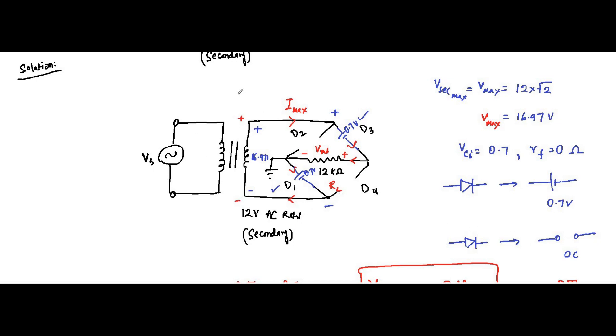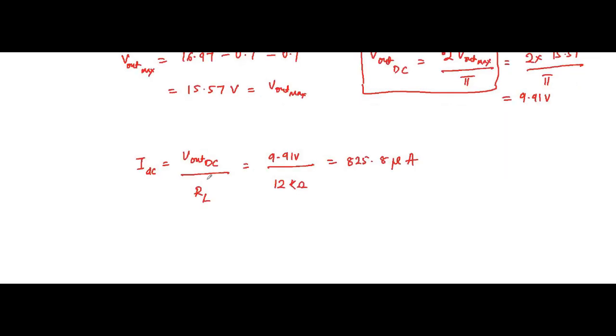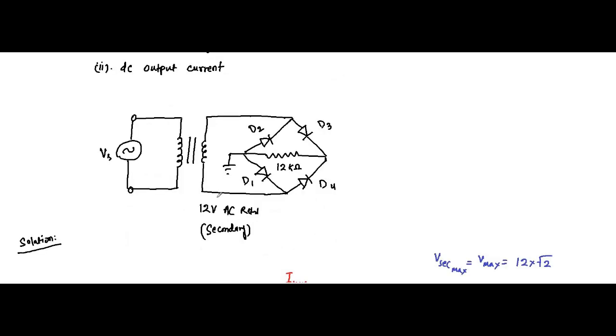So we took the case of the positive half cycle, where D1 and D3, the opposite pair, are conducting, and D2 and D4 are open circuited. We applied KVL in this closed loop and found the maximum value of the output voltage. From that we determined the DC value of the output, and then from that the DC value of the current. So this is the solution.